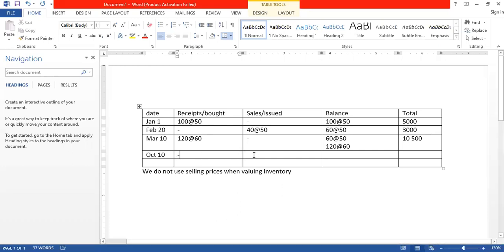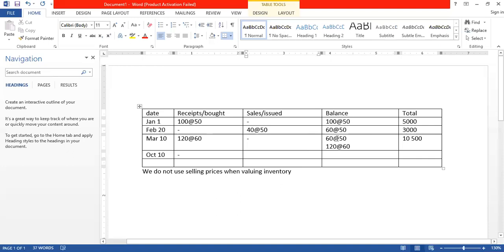Now we go to the issued or sales. We sold 60 units. So the rule says first in, first out. What came in first should be sold out first. So looking at this balance, what came in first? Obviously, the 60 is the one that came in first, the one that came in January.